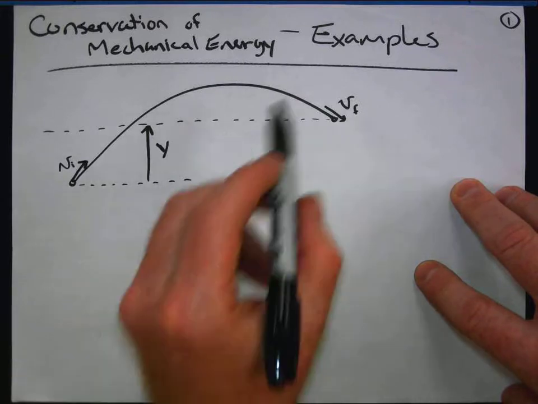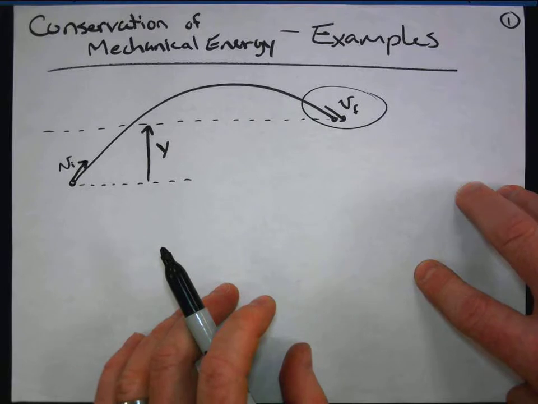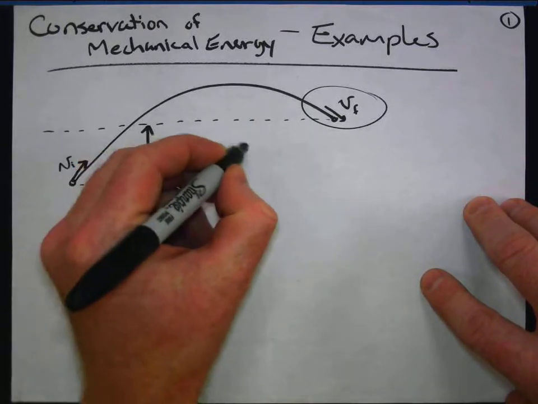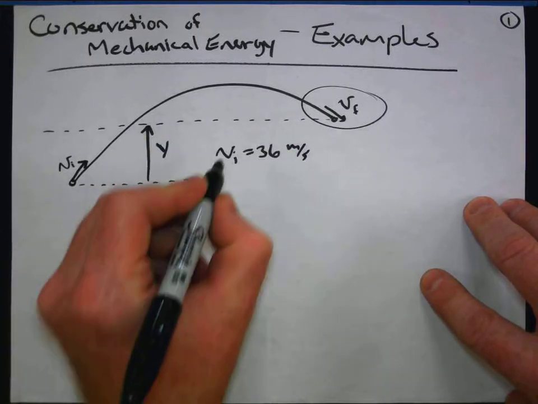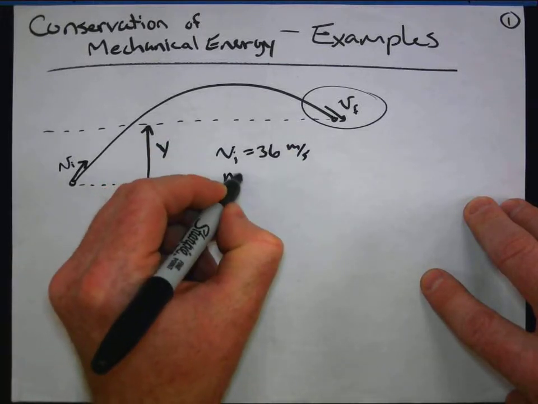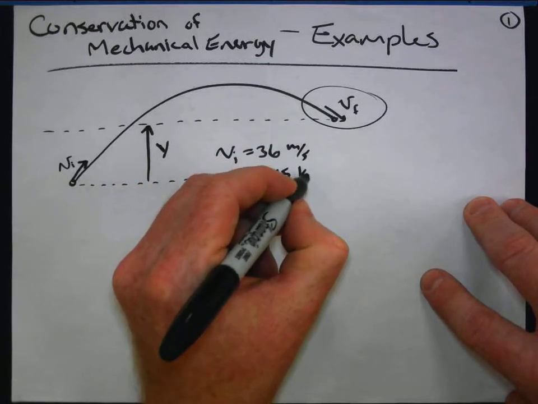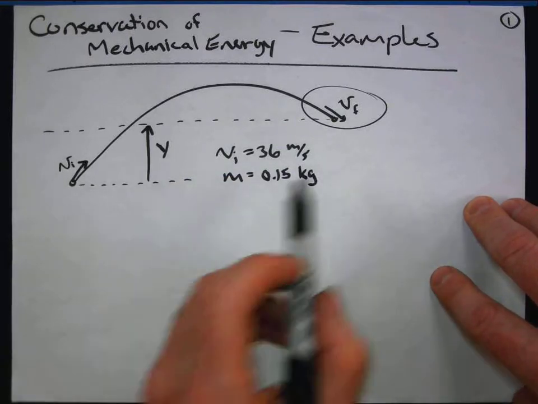Let's say we want to find out how fast the ball is going when the fan in the stadium catches it. Well, we will need to know the initial velocity. Let's go 36 meters per second. We will need to know the mass of the ball. Baseball is around 0.15 kilograms. And the difference in height.